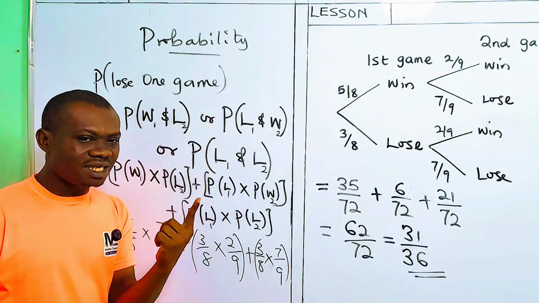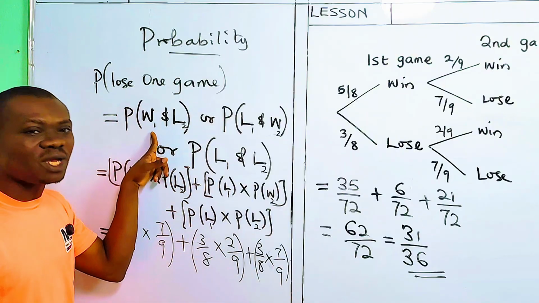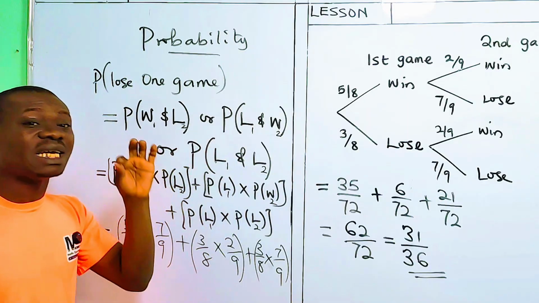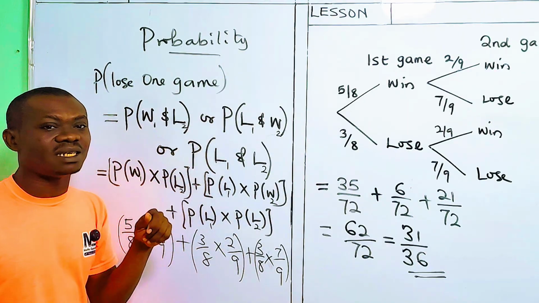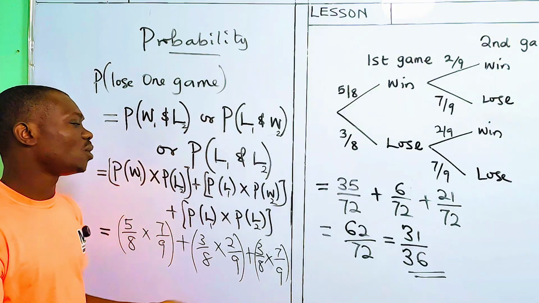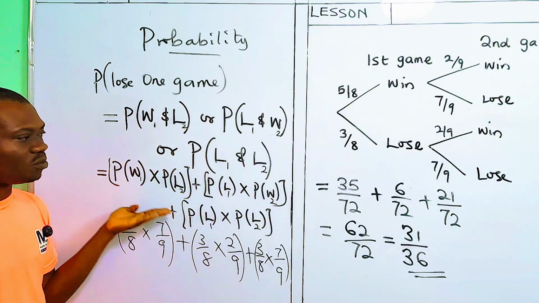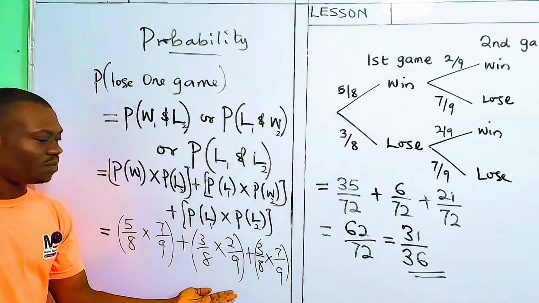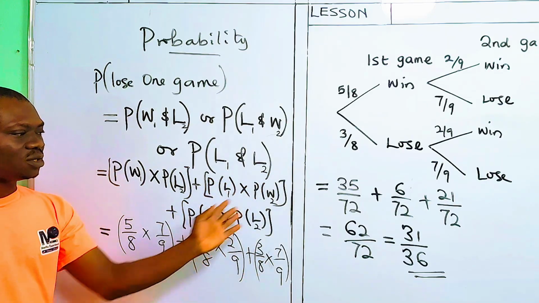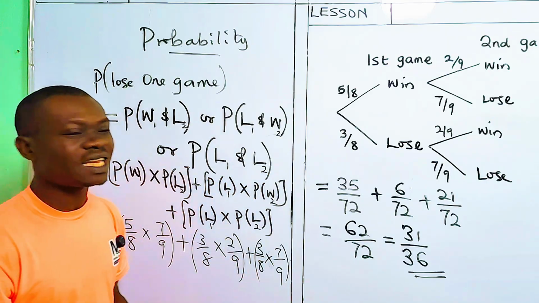To lose at least one game is either win first, lose second, or lose first, win second, so there is at least one L in your interpretation, or lose both of them. Then you bring in your probabilities, simplify, and add up to get your final answer.